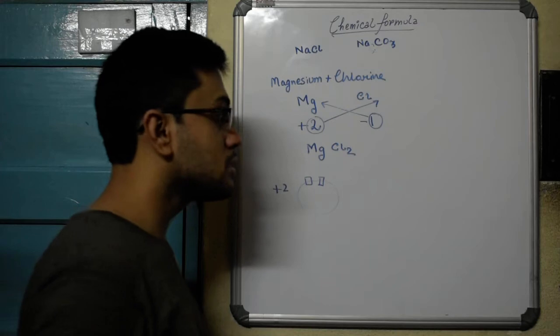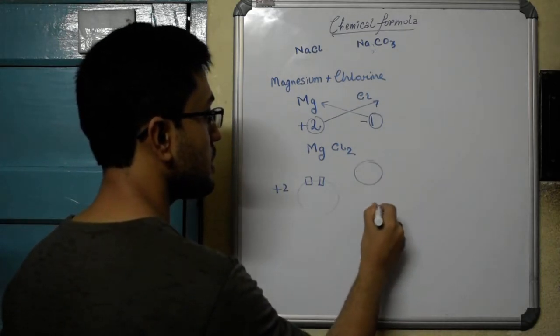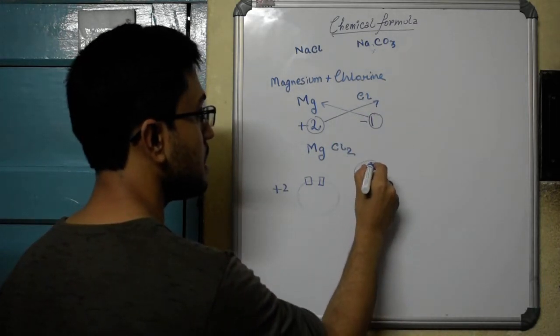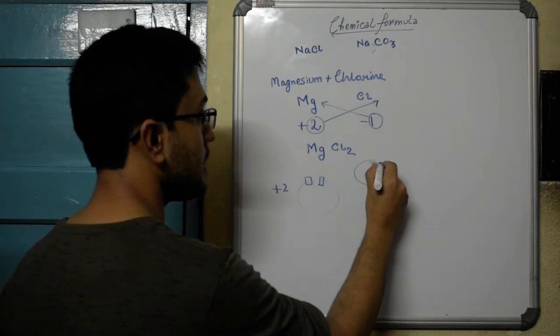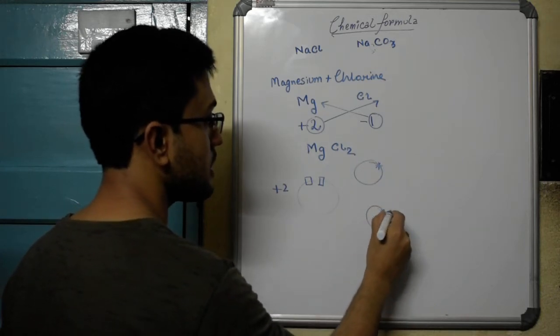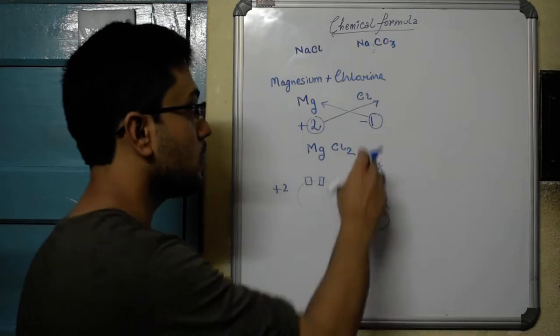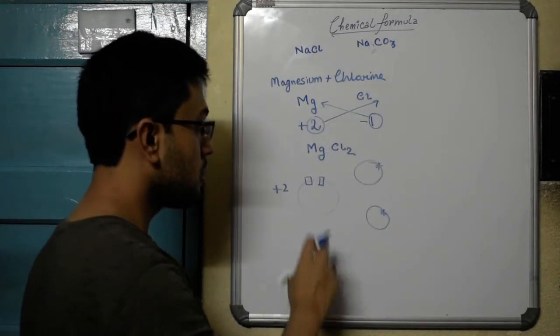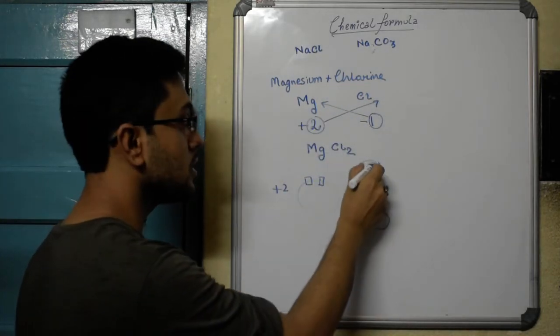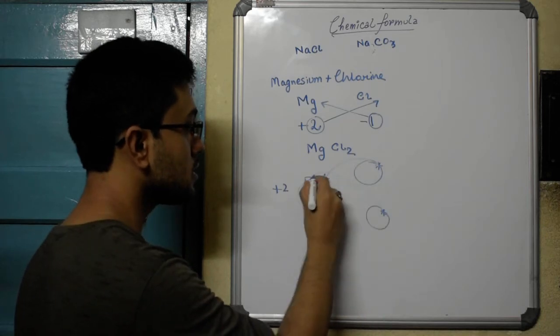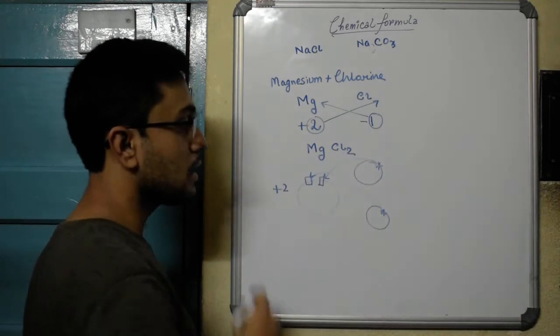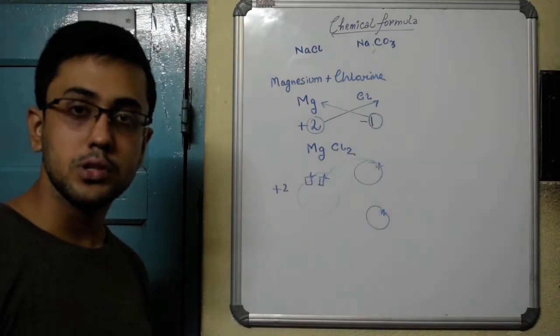Therefore it has a charge of +2. And chlorine has a charge of -1, meaning in its outer shell there is 1 extra electron than there should be. That is why it has a negative charge. Therefore, in order to fill these 2 vacant spaces, you need 2 chlorine atoms. So quite obviously, the compound will be magnesium chloride with 2 atoms of chlorine.